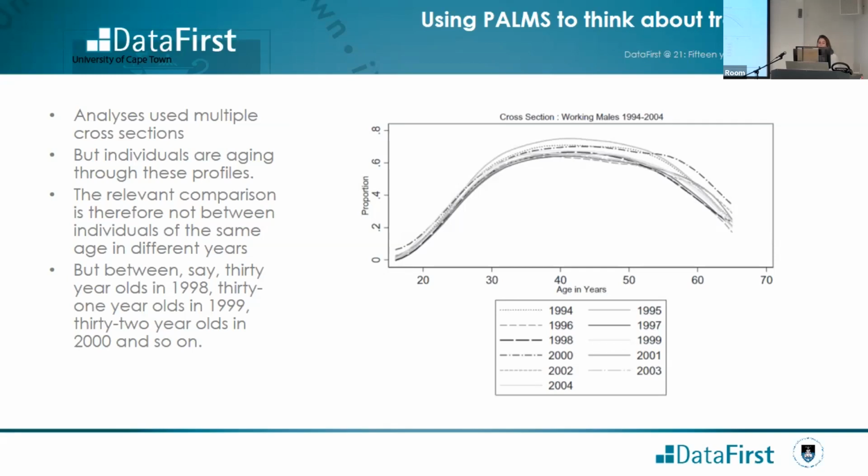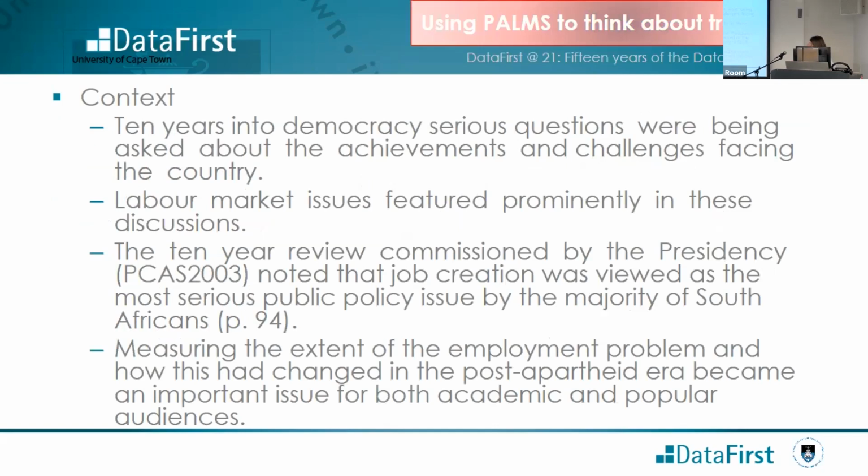So not necessarily comparing individuals at the same age in different years, but thinking of a group of individuals that is aging through the surveys, and to say, if you track a cohort, a group of individuals born in the same year, and you look at them over time, can you see changes that different groups of individuals are experiencing?